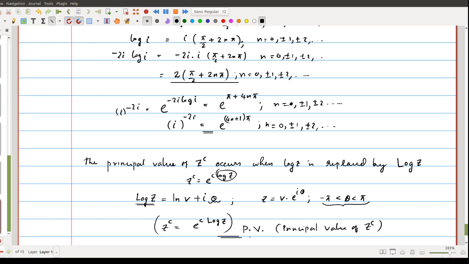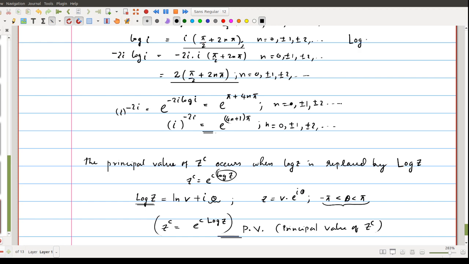There are two or three examples discussed after this, so please go through them. There will be a question like this: find the principal value of an exponent. In order to get the principal value of the exponent from this expression, you need to choose this log of i. From this log i, we need to choose n equal to 0. Then only we will get the principal value.